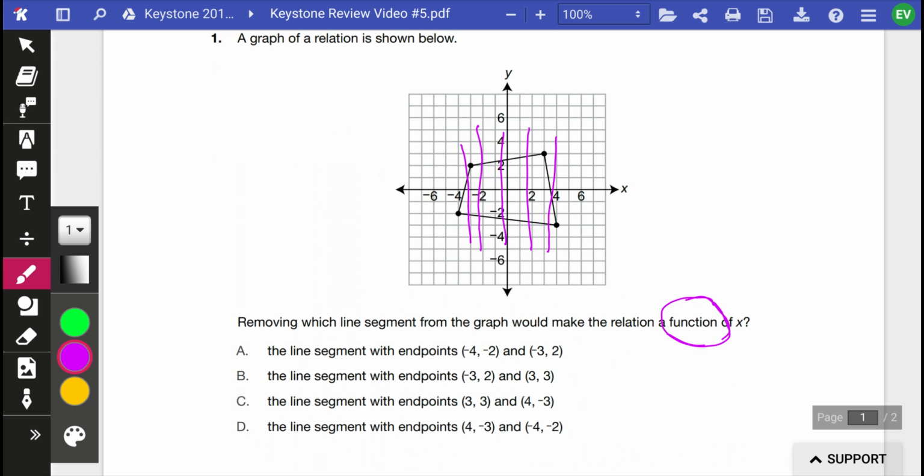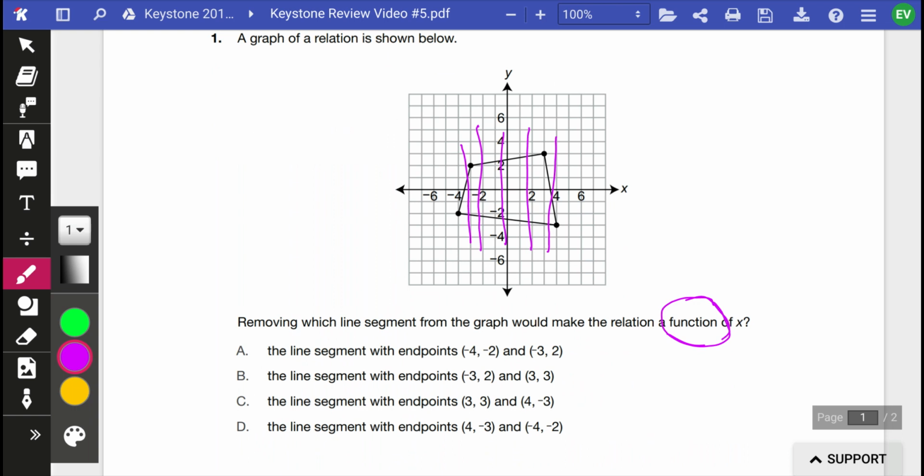If we look at vertical lines, we can see that each vertical line goes through 2 points, 2 other lines. So in order to make this a function, we only want each vertical line to go through 1 point or one other segment.